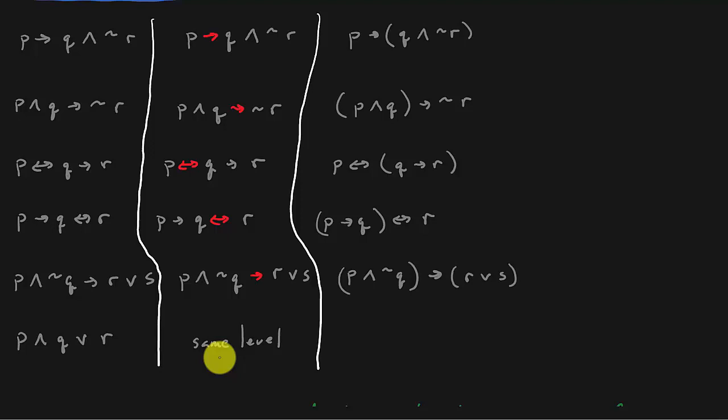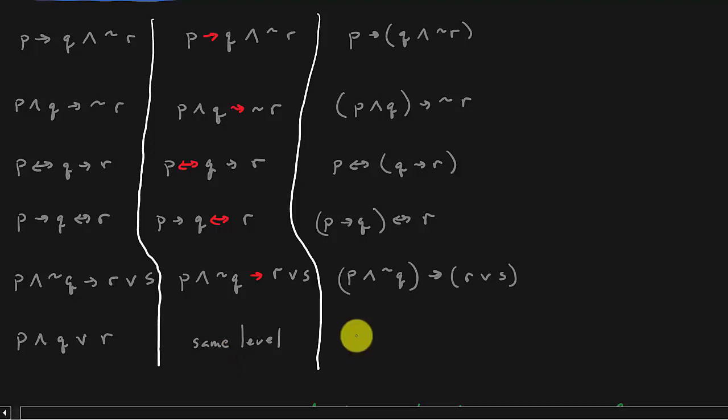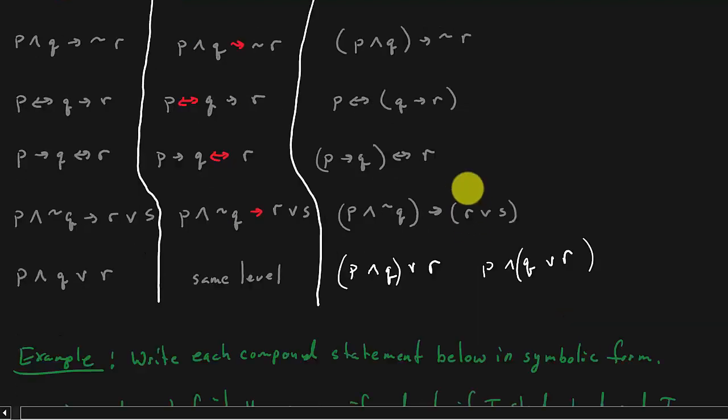The meaning is ambiguous. So, as far as this one goes, you could have this in Q or R, so you could have this, or you could have that. It doesn't matter.